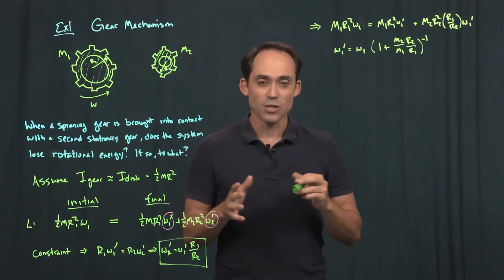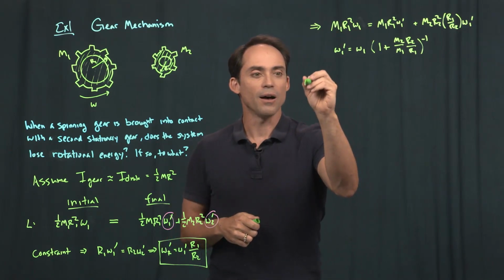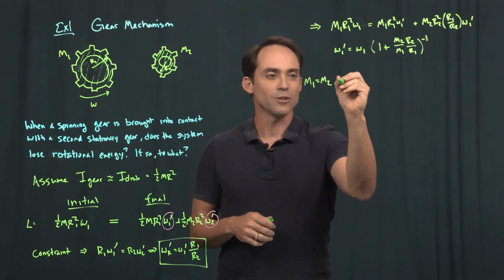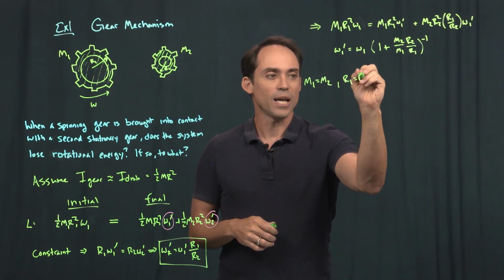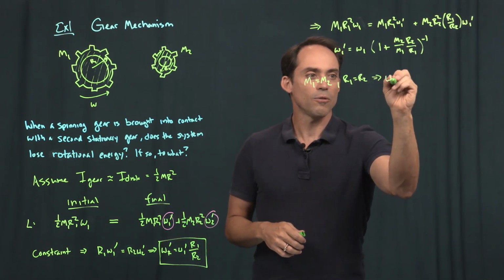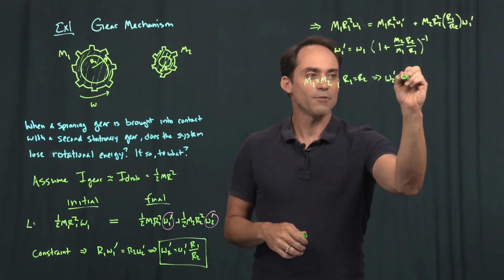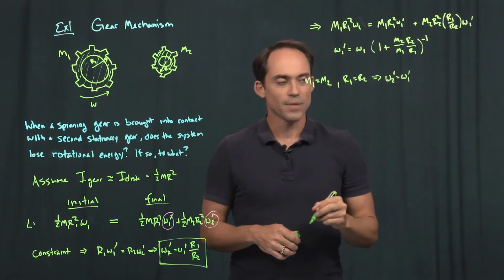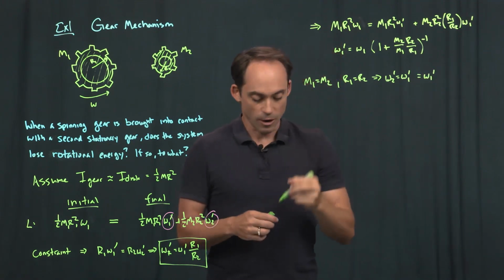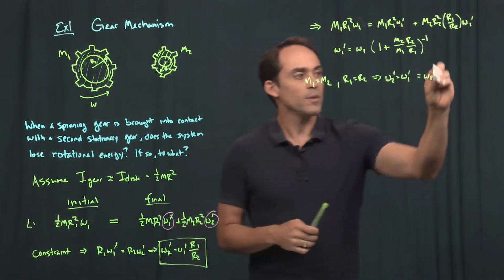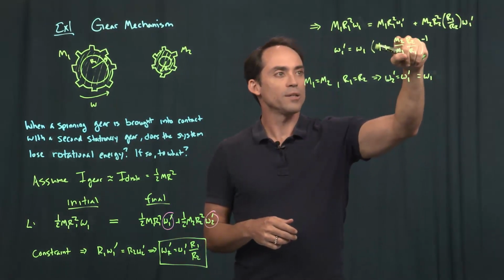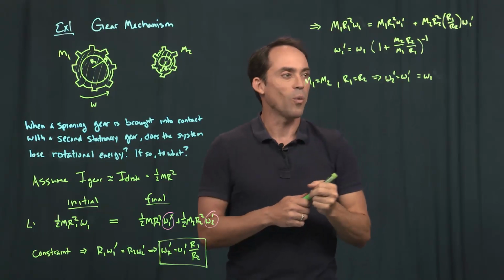And to figure that out, let's just take one example where mass 1 and mass 2 are the same, so two identical gears, so their masses are the same, their radii are the same, and that means that the angular rates after the collision will be the same, and it also means that the angular rate is going to be equal to our initial angular rate times this factor, 1 plus 1, 1, so that's 1/2.